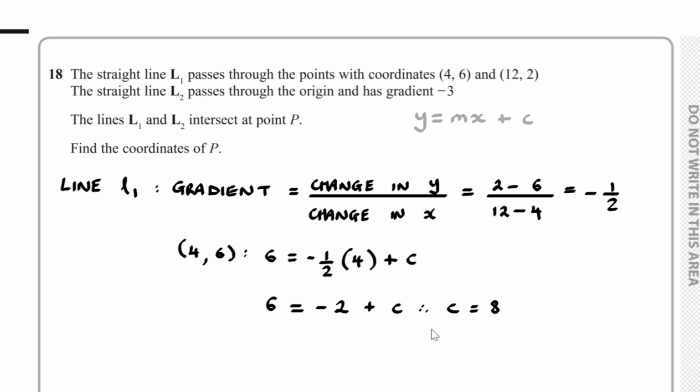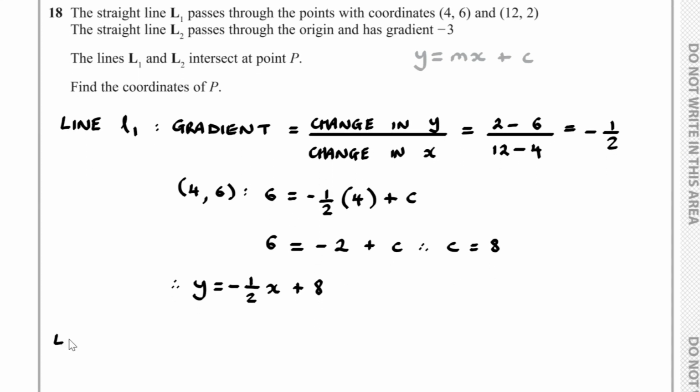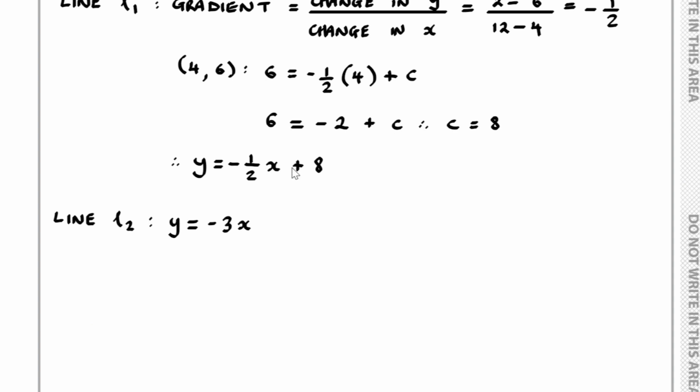C is equal to 8. And so therefore the line L1, we have y equals minus 1/2 x, which is the gradient, plus 8. And if I take a look at the line L2, the gradient is negative 3, so I've got y equals negative 3x, and it passes through the origin, so we add on plus 0.